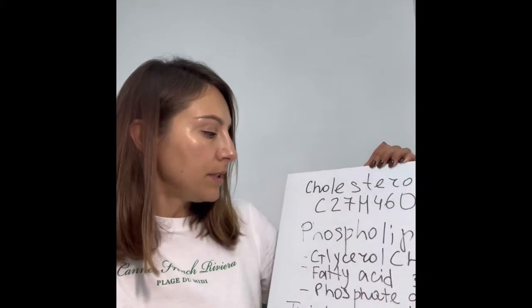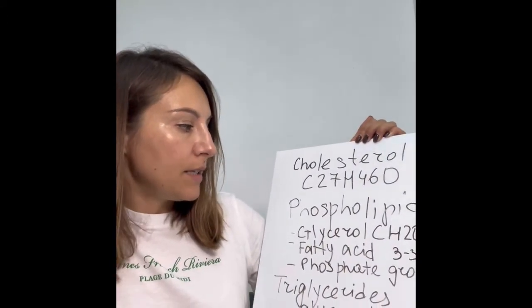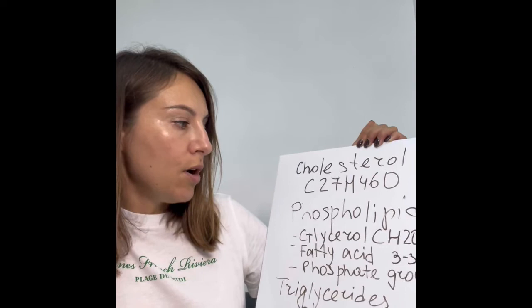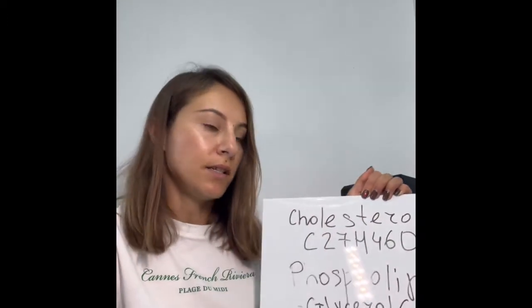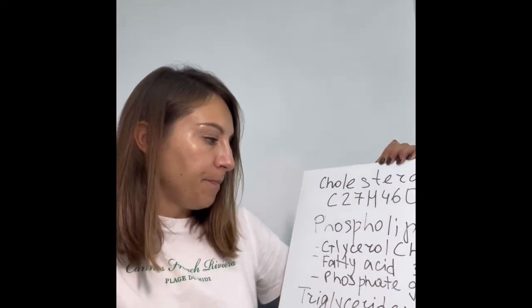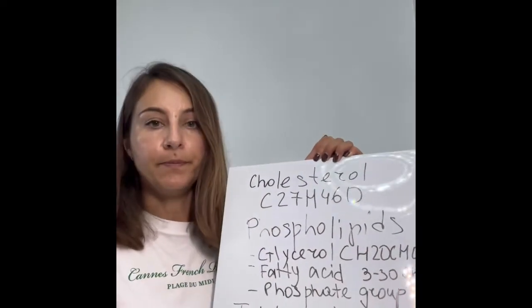The chemical formulas of each part of the phospholipid structure are: glycerol, CH2O CHO; fatty acid chain, which is chains of 3 to 30 or more CH groups, which can be saturated or unsaturated; and the phosphate group, for which the formula is PO4.